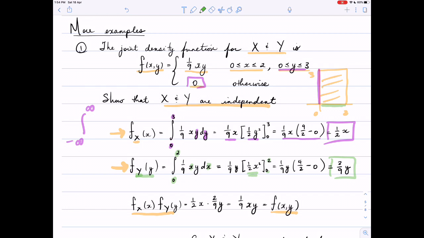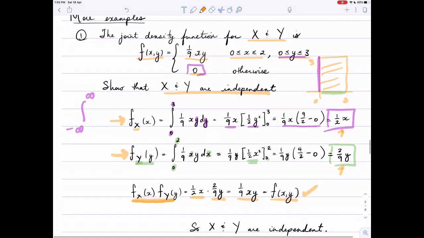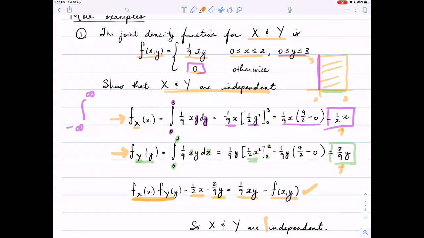If we multiply the marginal for x with the marginal for y, f sub x of x times f sub y of y, 1/2 x times 2/9 y, we do indeed get 1/9 xy, which was the original density function. Since we have that product, x and y are independent by definition.